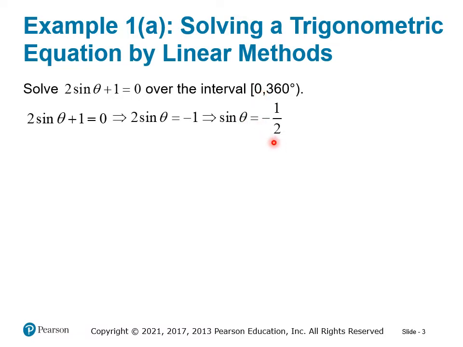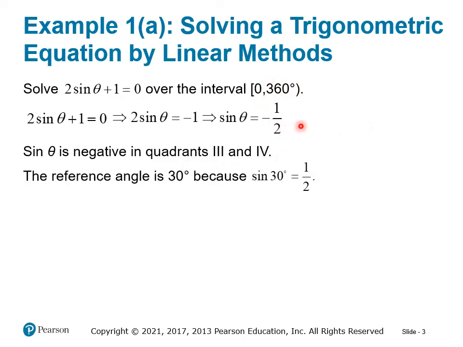Well, this is a known angle. First of all, we know that sine of theta is negative in quadrants 3 and 4, because sine is connected to the y value, so 3 and 4 would be where this is negative. We know that the reference angle for 1/2 is 30 degrees.